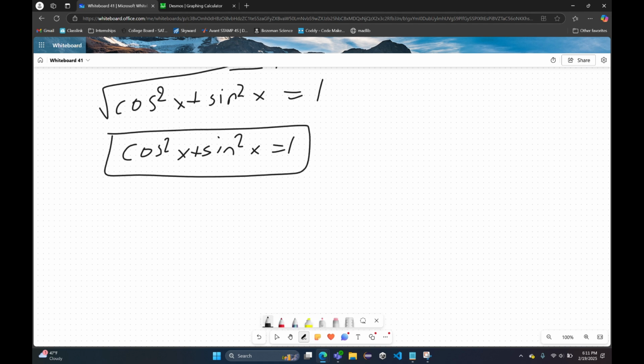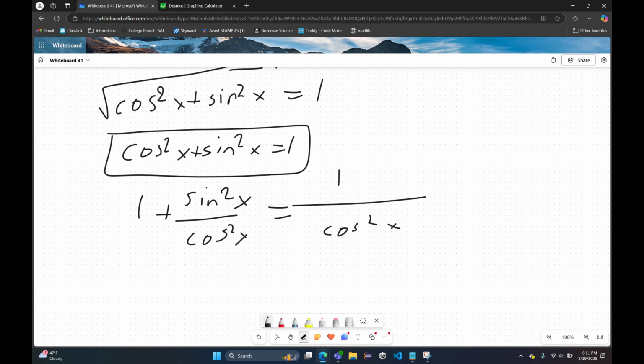Now, let's say we were to divide everything by cosine squared of x. Cosine squared of x divided by cosine squared of x is 1, plus sine squared of x over cosine squared of x, equals 1 over cosine squared of x.